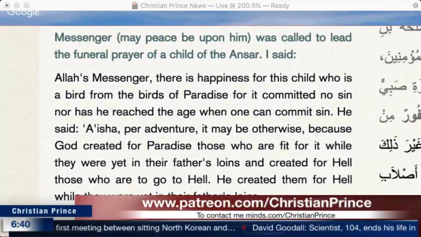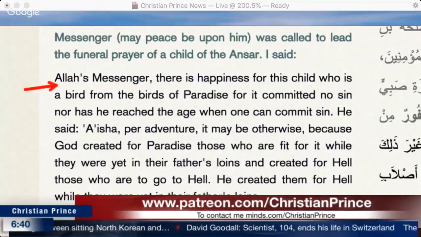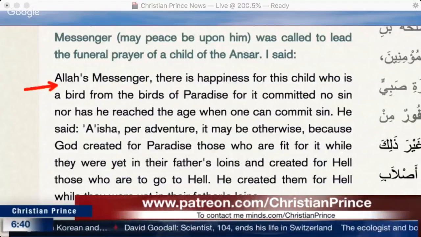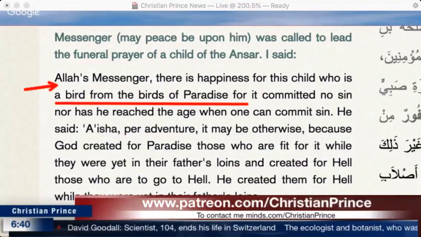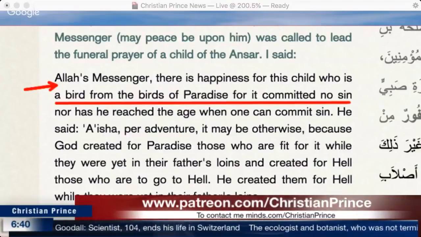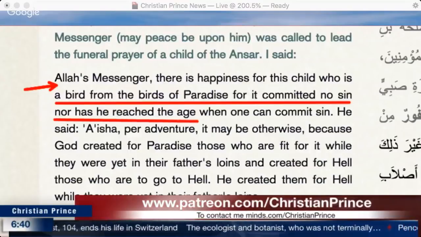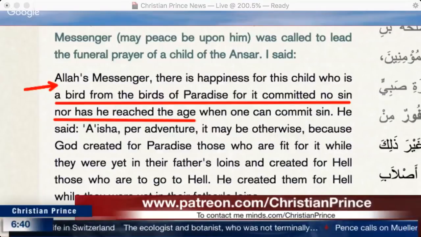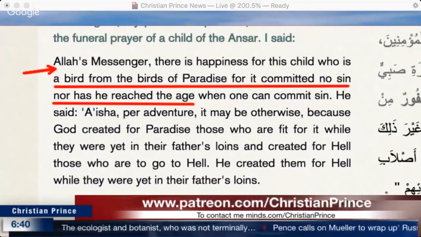She is saying here the following, if we read together. Aisha said, Allah's Messenger, there is happiness for this child, who is a bird from paradise, for it committed no sin, nor has reached the age of sin. So it's clear now that this child is a very little baby, not even 5 years old, mostly an infant, and he committed no sin.